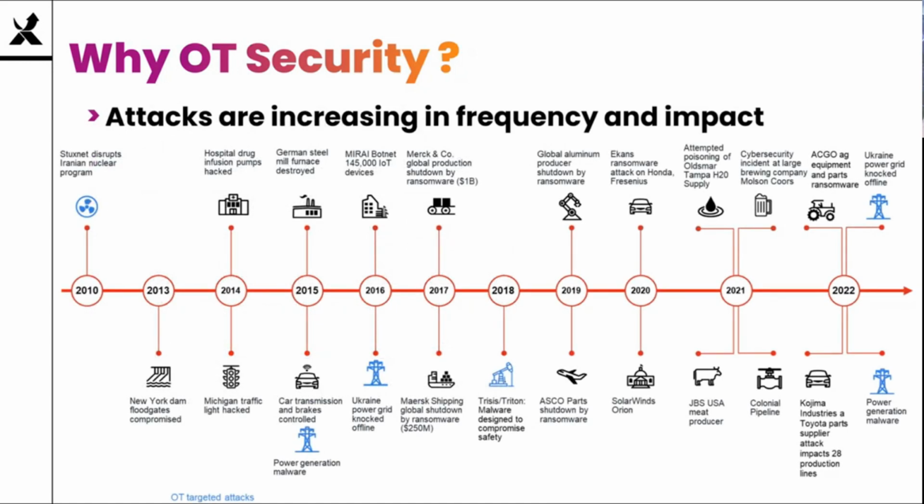Here you see an overview provided by Fortinet of some known attacks of the past few years with an impact for OT. In the 10 years since Stuxnet disrupted the Iranian nuclear program, we have seen a rise in sophistication and in quantity of cyber attacks on OT infrastructure.